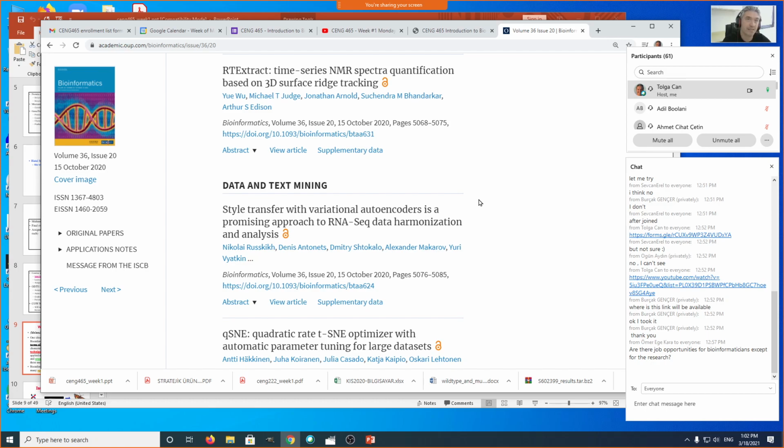As bioinformatics is trying to gather everything together in a data-centric manner, collecting all this information, it makes sense to be able to get the information contained in these articles in an automated manner. So this is what the data and text mining area is usually about.